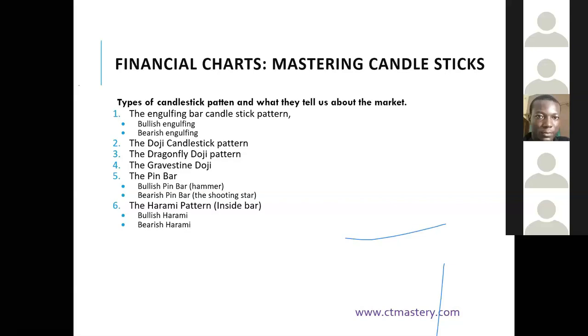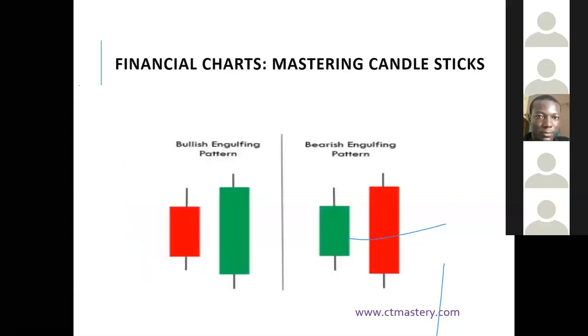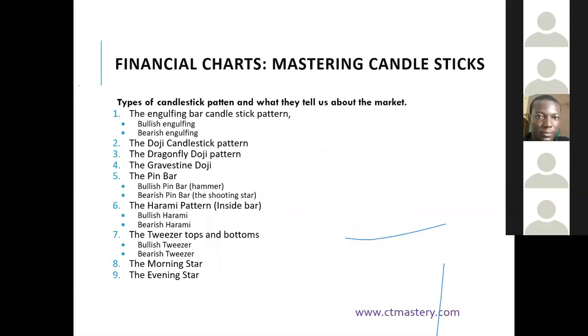We also have the bullish harami and the bearish harami. Then we have the tweezer top and bottom, the bullish tweezer and the bearish tweezer. Then we have the morning star and the evening star. These are the candlestick patterns I'm going to talk about during the course of this webinar. I hope I'll be able to cover some of them before we end here.